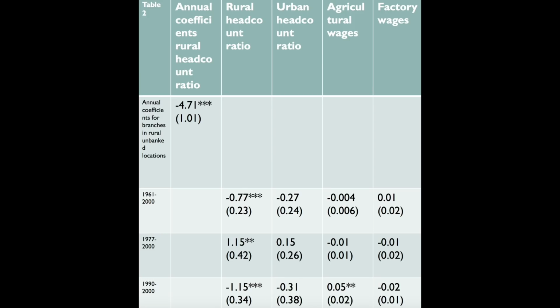Between 1977 and 1999, wages for agricultural laborers, a marker of the welfare of the poorest group in the countryside, also increased more rapidly in less developed states. The reverse is true after 1990. Factory wages, located mainly in urban areas, show no relationship with states' initial financial development.